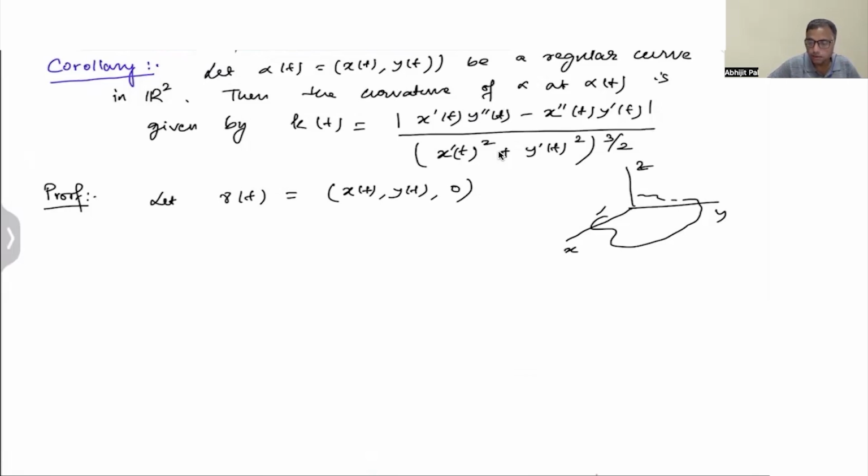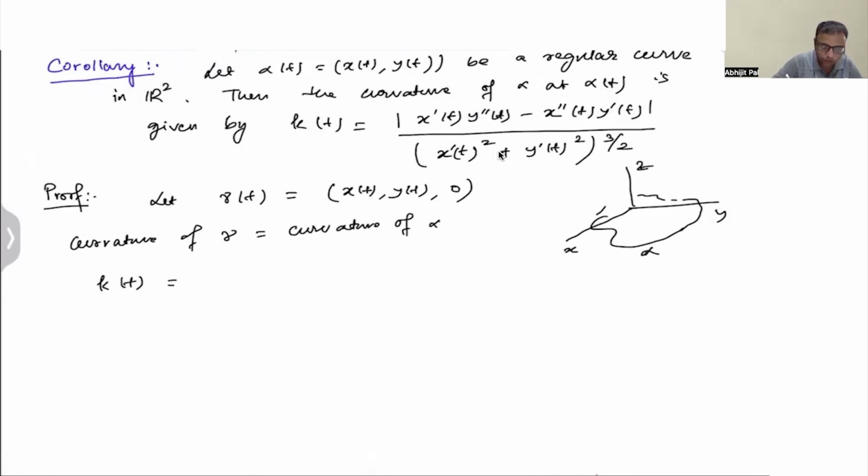So this I can think of also in R3. So the curvature of this alpha will remain the same. The curvature of gamma is the same as the curvature of alpha.